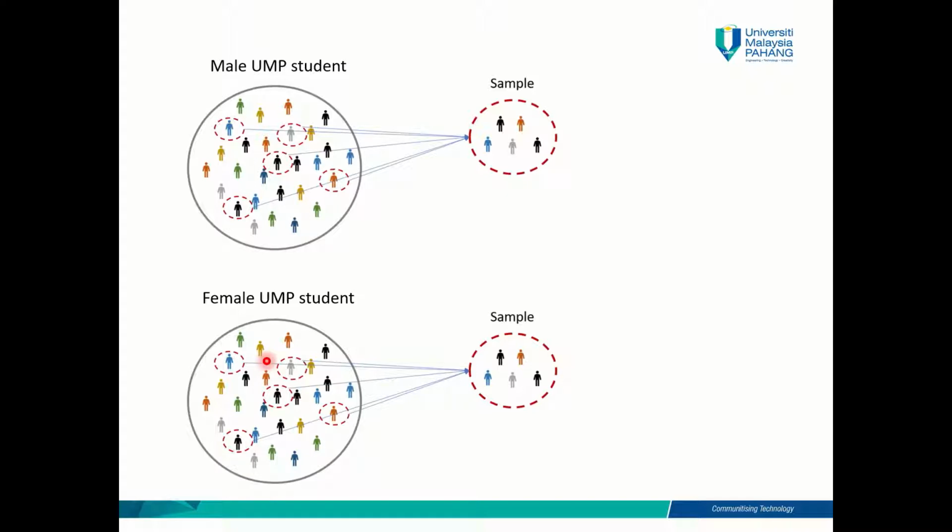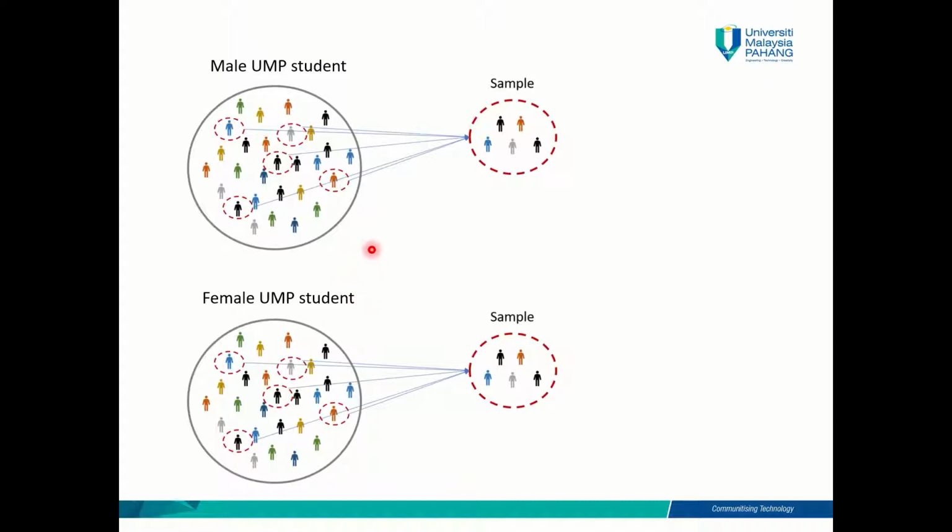Let's say I would like to determine the proportions of students who had been infected with COVID-19. That will be my variable: the number of students who had been infected by COVID-19 at least once.